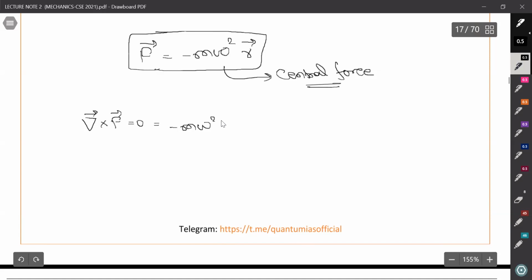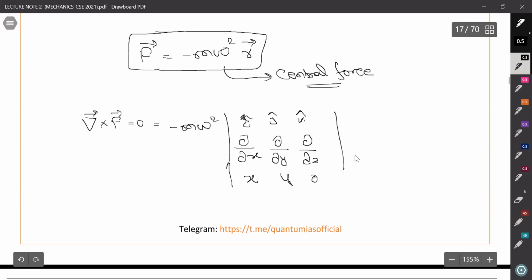Minus m omega square is constant, it will come out. i cap, j cap and k cap; del of del x, del of del y, del of del z. Right? And it will become x, y and 0. So it comes out to be 0. You can directly see that. Okay, so the force acting on this is conservative in nature.